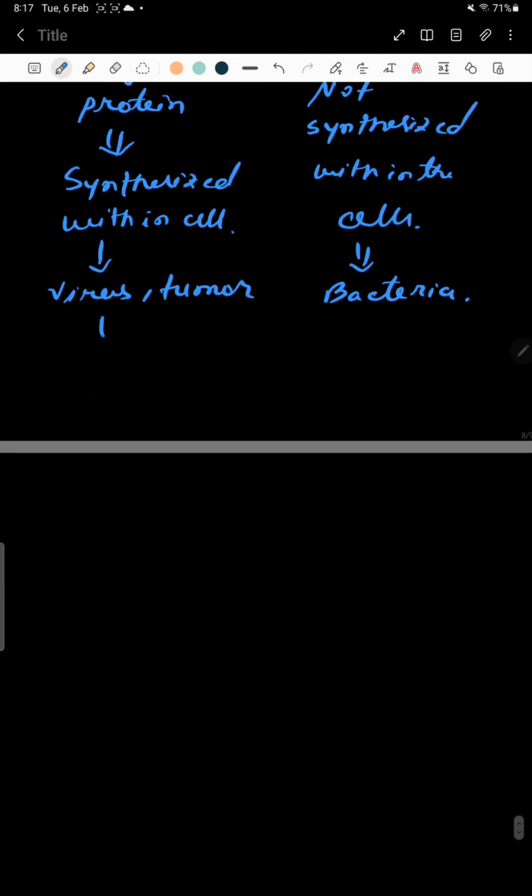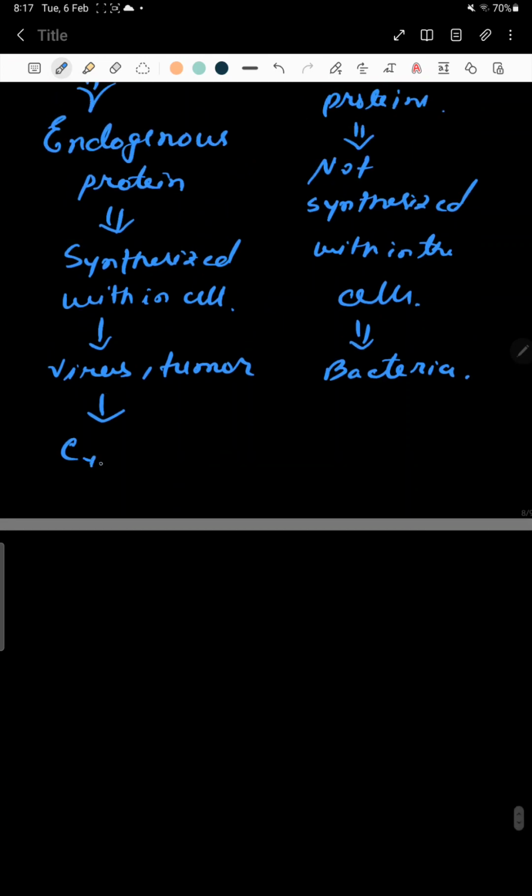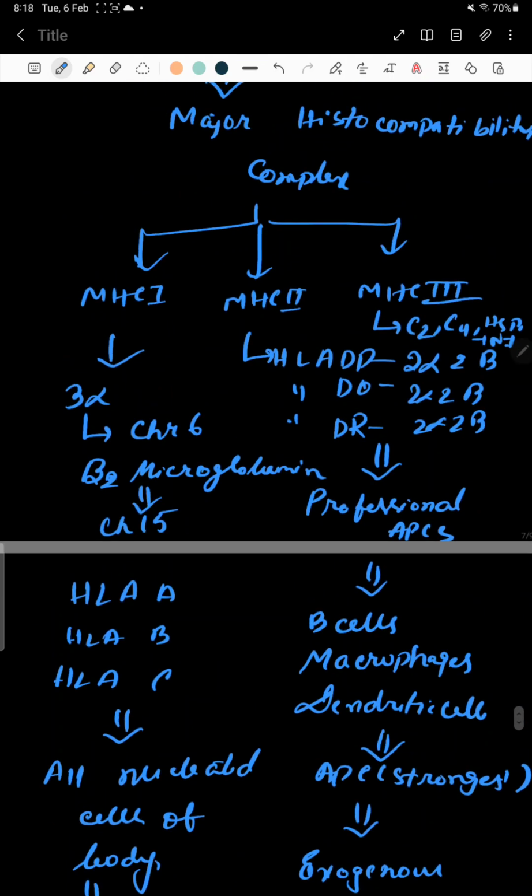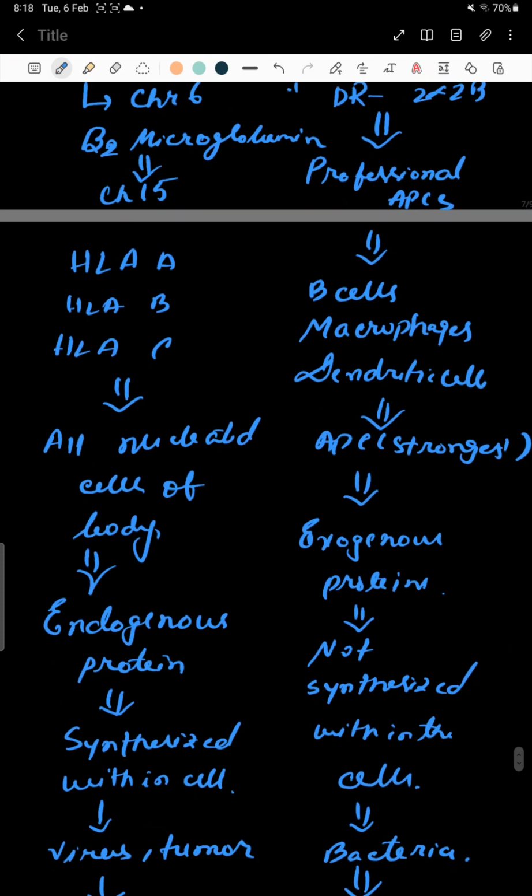Now this MHC1 represents the antigenic peptides to cytotoxic T cells, CD8, and the MHC2 represents the antigenic peptides to helper T cells, CD4. This is the helper T cell. Now these are all the basic differences between MHC1 and MHC2.